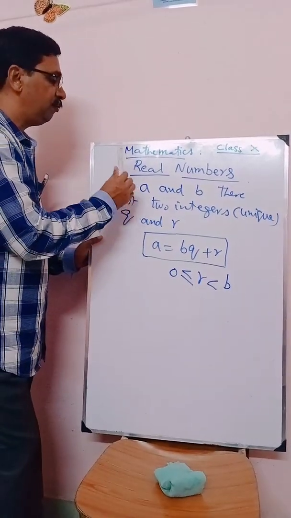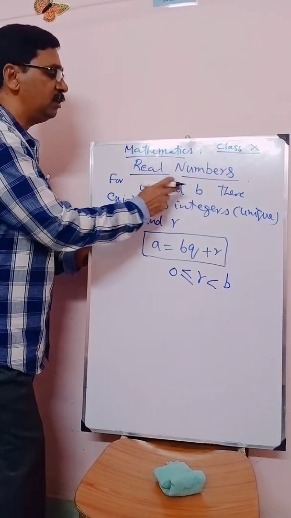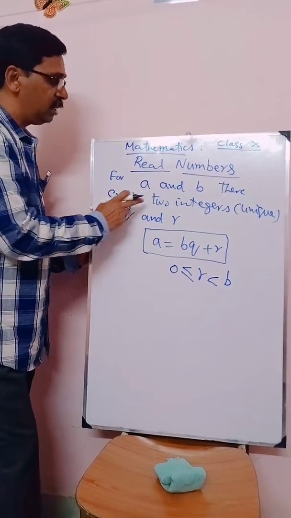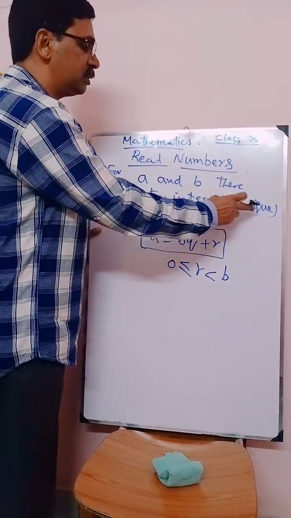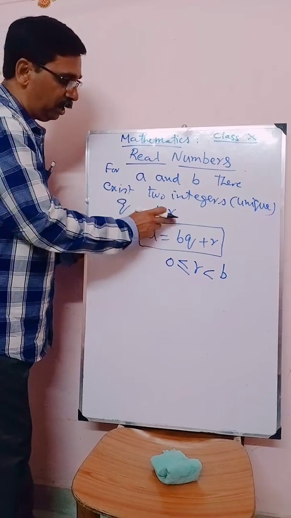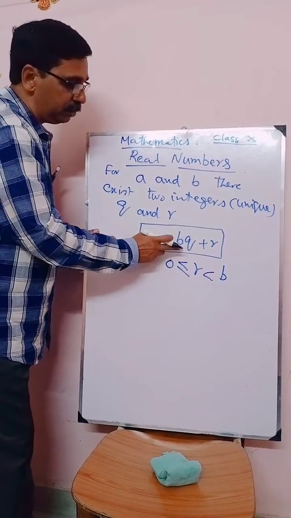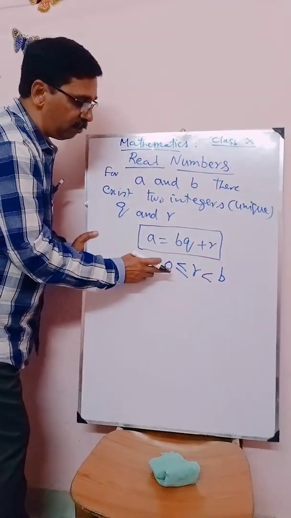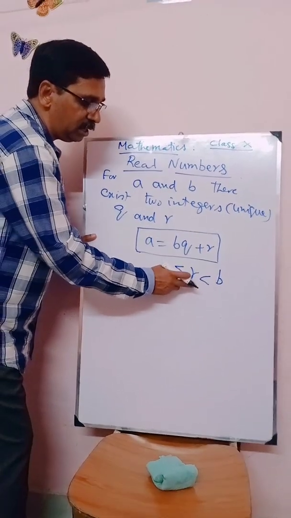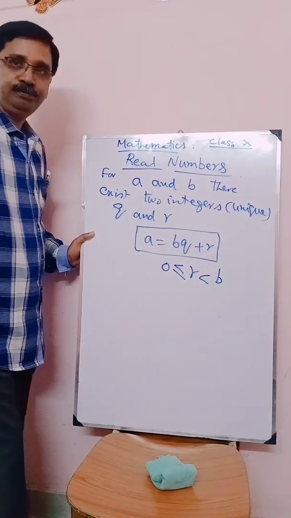So for a and b, any two integers, there exist two unique integers q and r such that a equal to bq plus r, where 0 is less than or equal to r, less than b.